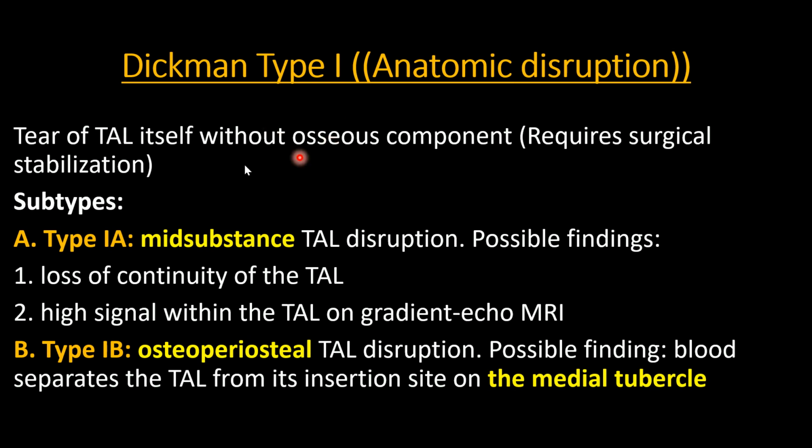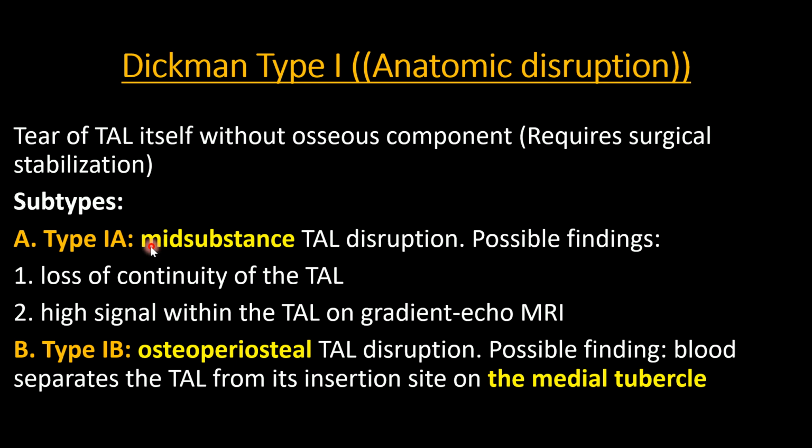Anatomical disruption type 1, where there is a tear of the transverse ligament itself without any bony injury to the transverse ligament, without bony or osseous component in the area of the transverse ligament insertions.